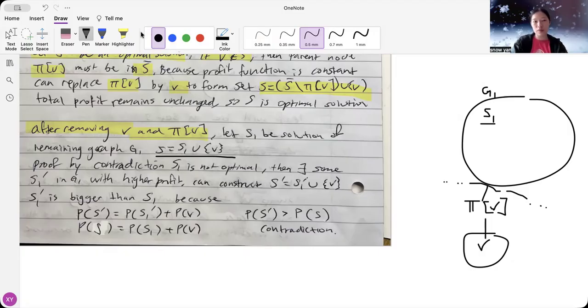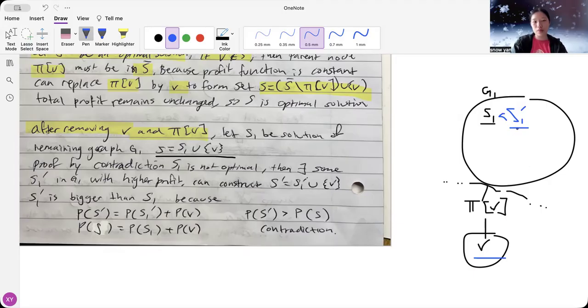So I'm going to assume that S1 is not the optimal solution. Then there must exist some S1 prime that is better than S1, right? It yields a better profit. So then I can construct S prime to be S1 prime union V. I can do this because the parent is already not included, right?